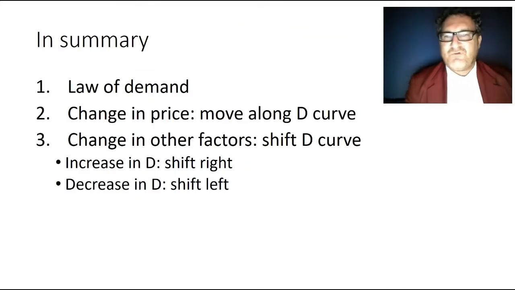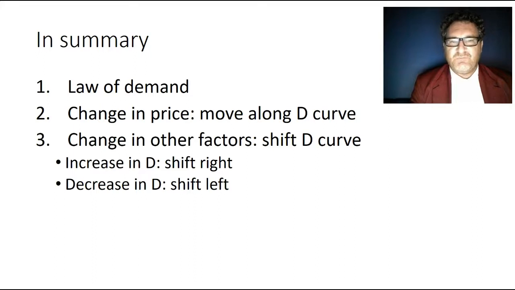So, in summary, what have we learned? We've learned the law of demand, which says there's an inverse or negative relationship between price and quantity demanded. When price rises, quantity demanded falls. When price falls, quantity demanded rises. We represent the change in price by moving along a demand curve.